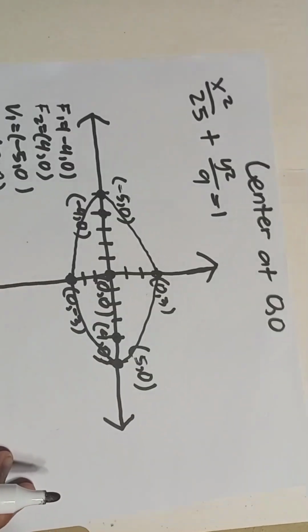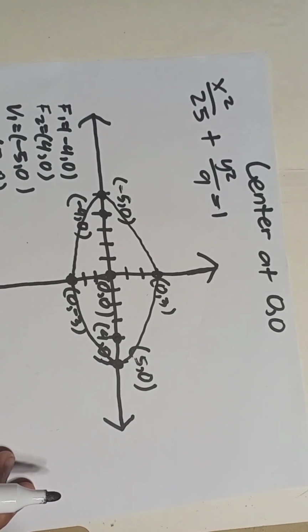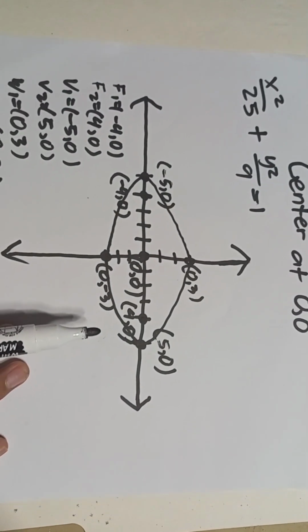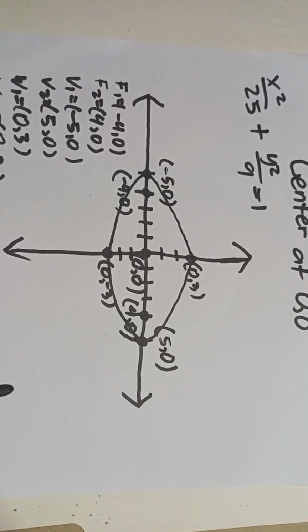The graph is just like this, and just the same as our expected graph. So that is an example of when the ellipse is centered at 0, 0.